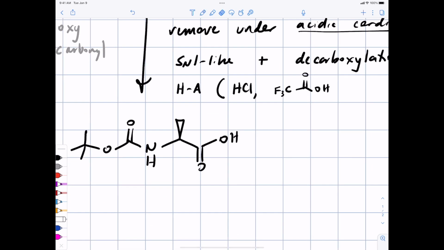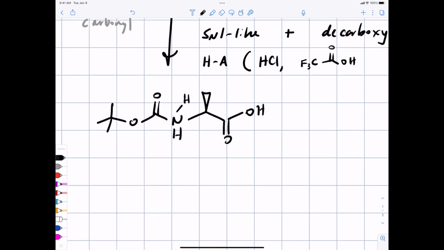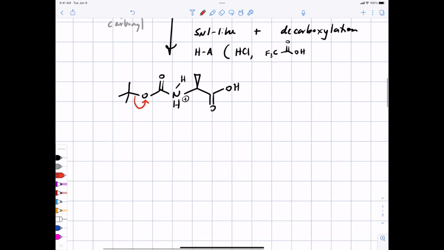Under strongly acidic conditions, you protonate the nitrogen, and then the carboxylate group, I'll show this stepwise so you can show it in a concerted fashion and it's fine. The T-butyl group gets left behind as a carbocation.